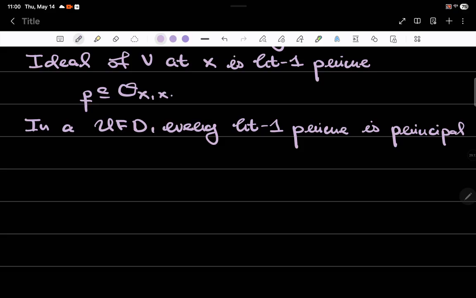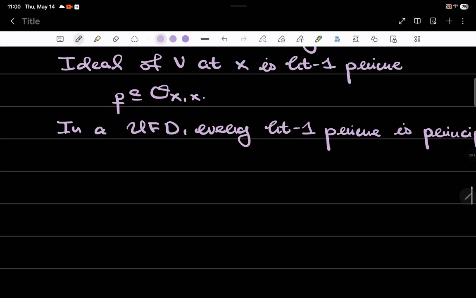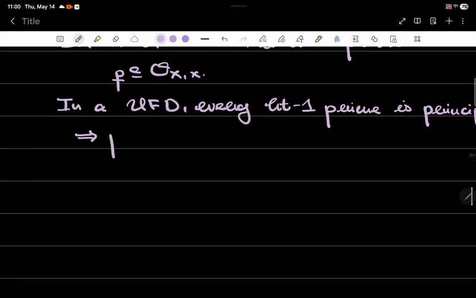This is a really fun ring theory exercise if you've not done it. So we can write P as being generated by a single element f, where f is in the local ring at x.